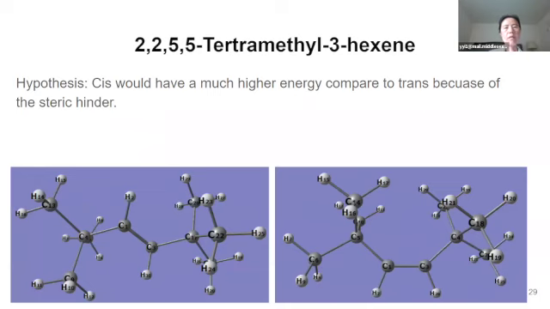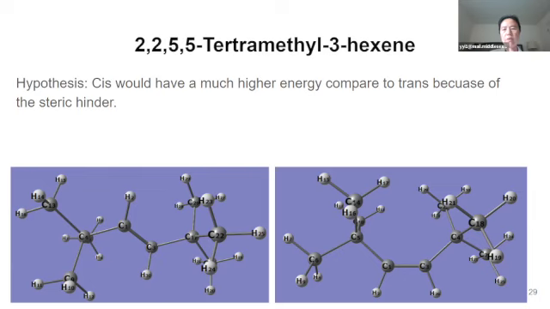So the second molecule I studied is tetramethylhexane. The hypothesis is the cis would have a much higher energy compared to trans because of the steric effect. If we look at the molecule, we can see both of the molecules are very crowded because of the methyl groups. However, because the double bond is between C1 and C3, the trans isomer does have more space.